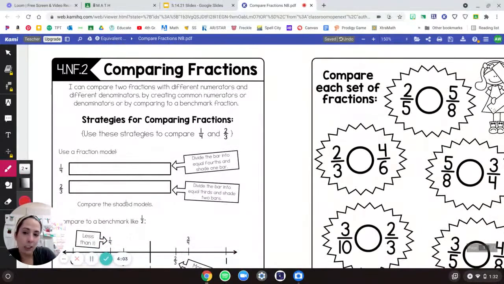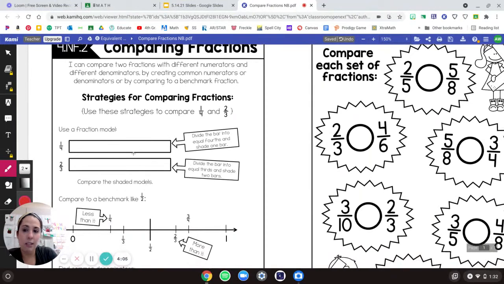So, one strategy we can do is to use our fraction models. We can think of our bar as being split, that was a bad spot. It's being split into fourths. And I need just one of those fourths covered. All right, so I have 1/4 colored. Now I want to split this one into thirds, and I want 2 of them colored.